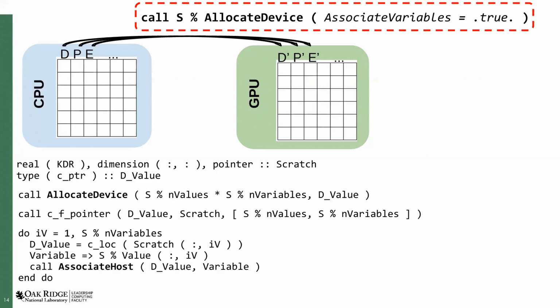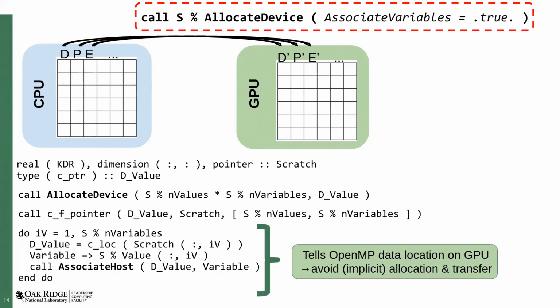And as you shall see later, associate host is really just our interface for OpenMP mapping. So this bit of code basically tells OpenMP the data location on GPU, and further on when we write the kernel, this avoids implicit allocation and implicit data transfer that we don't want.